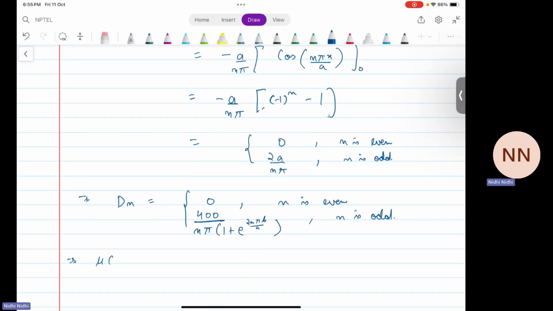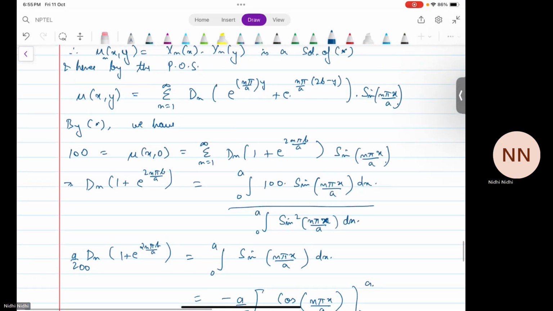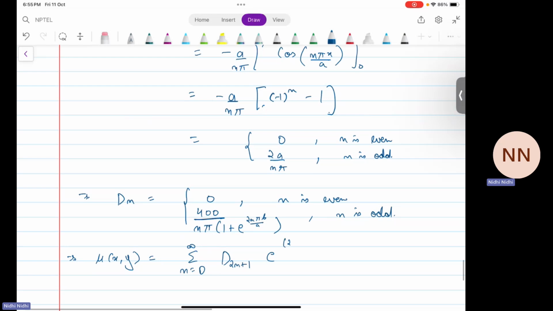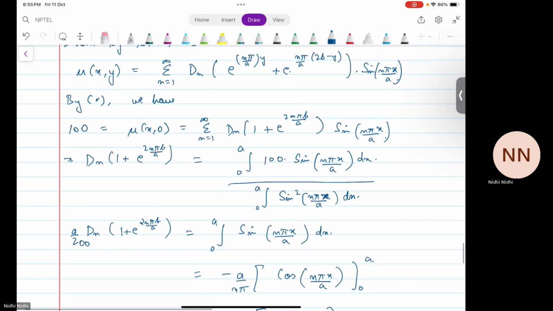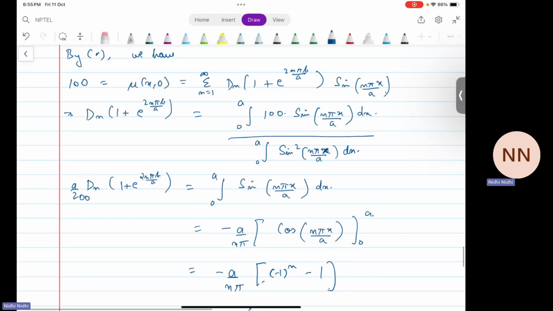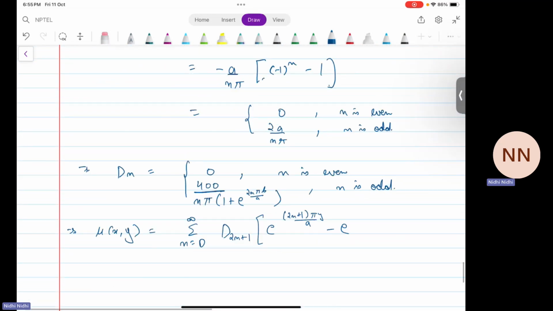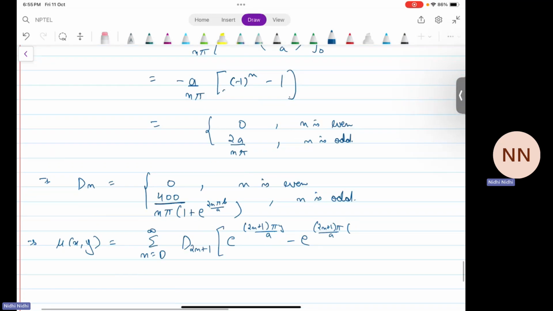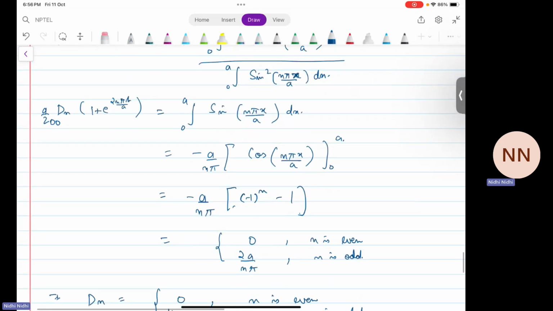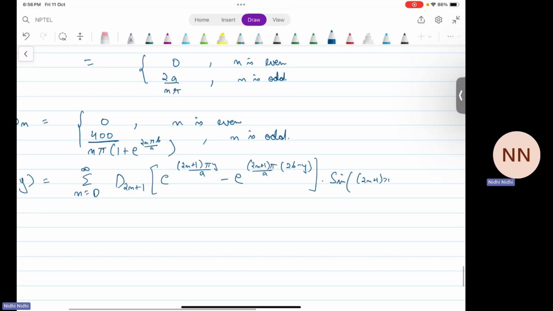So this implies u(x,y) is just summation n from 0 to infinity, I'll take this n from 0, d(2n+1) times (e to the power (2n+1) pi y by a, plus e to the power (2n+1) pi by a times (2b minus y)) times sin (2n+1) pi x by a.